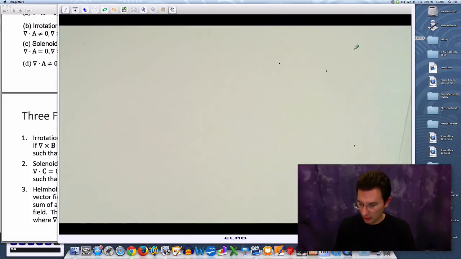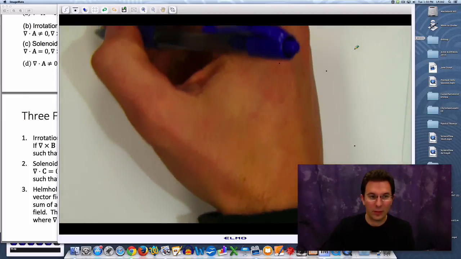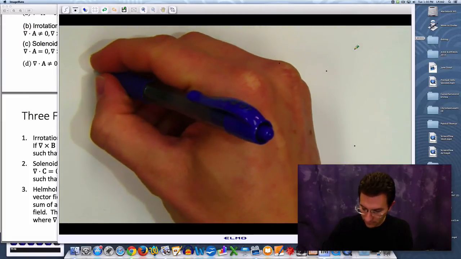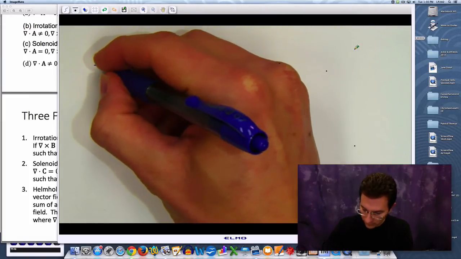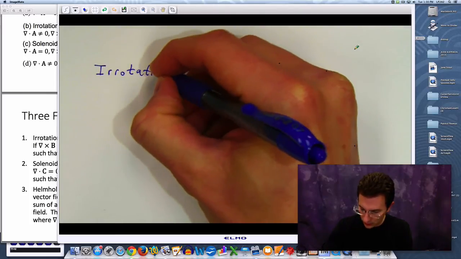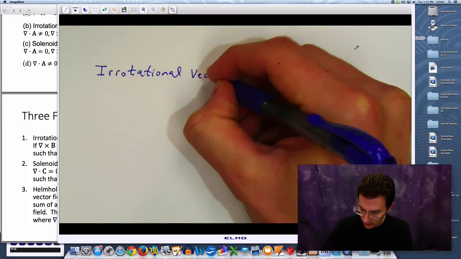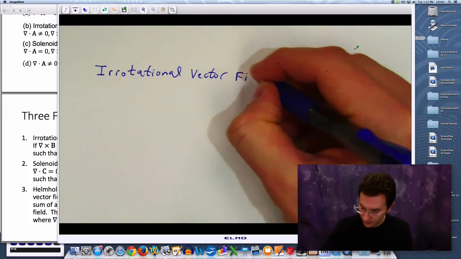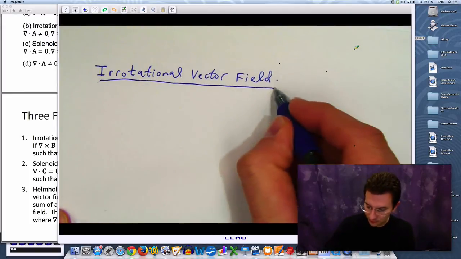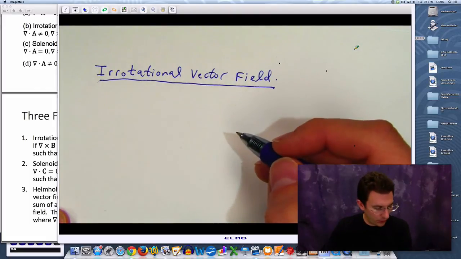So here's an example of an irrotational vector field. Okay, let's look at this particular vector field as an example here.